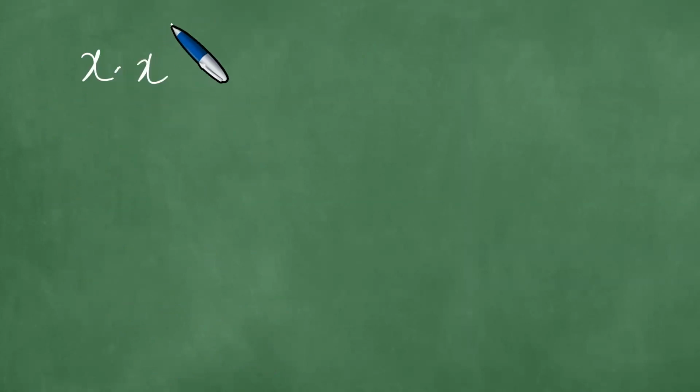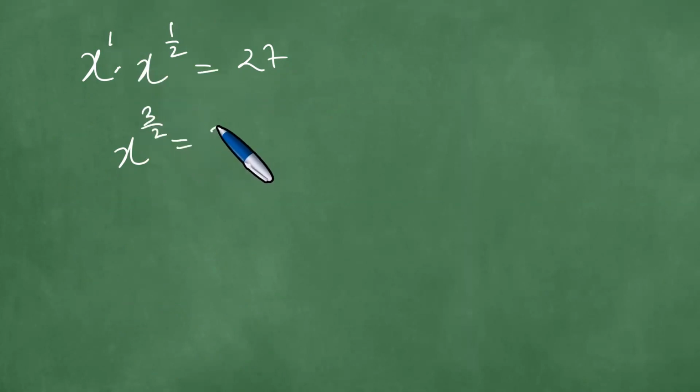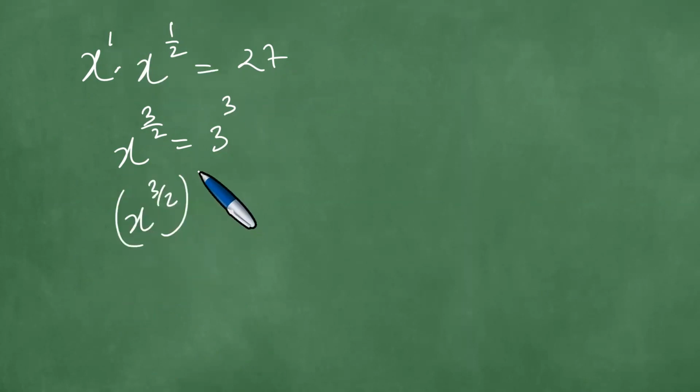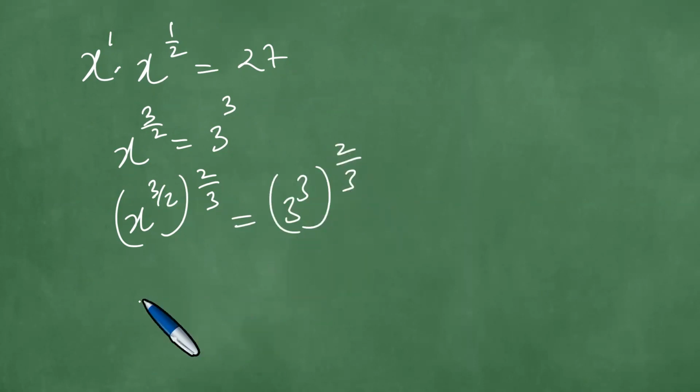Here x is to the power 1, and 1 plus 1/2 is 3/2, so x to the 3/2 equals 27, which is 3 to the power 3. You raise it to 2 out of 3, so that 3 cancels, 2 cancels, and 3 cancels, and we have 3 squared, and 3 squared is 9, and that is the answer.